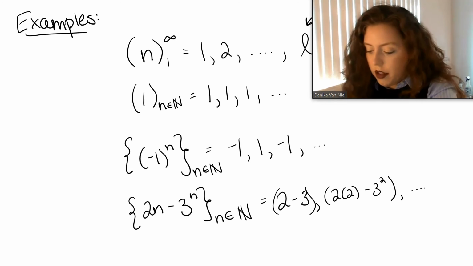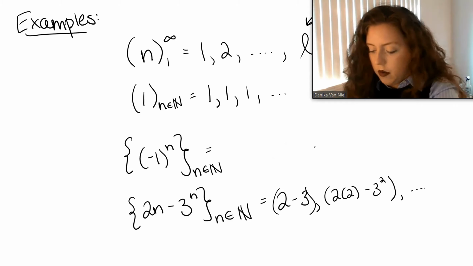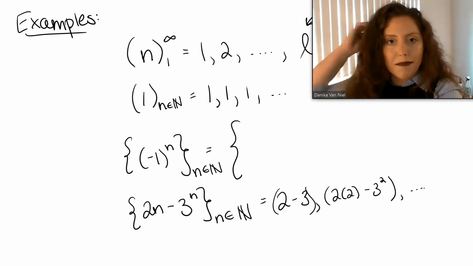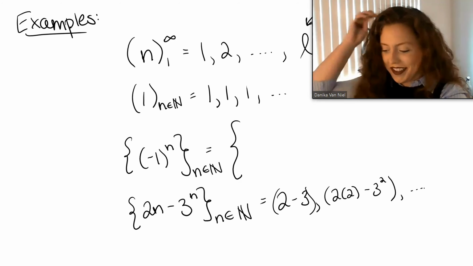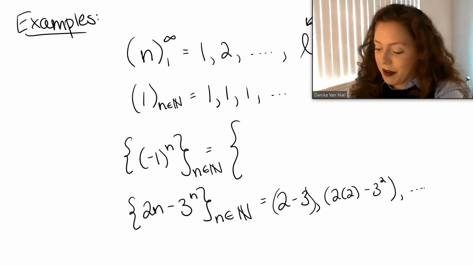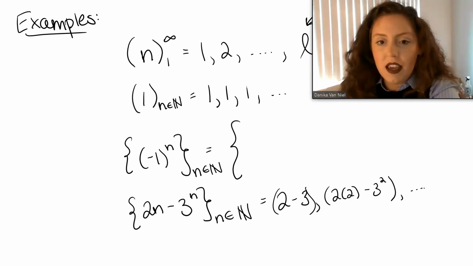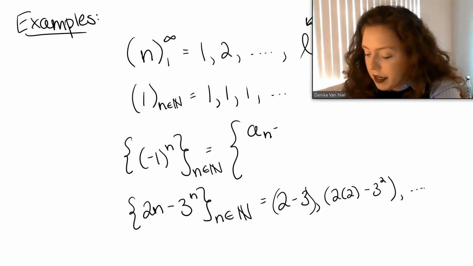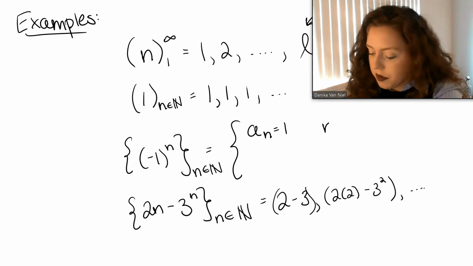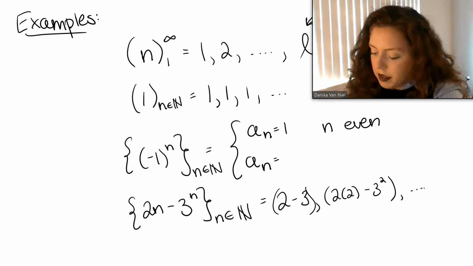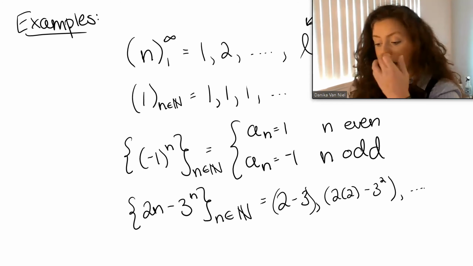Another way that we could write the one above is with a piecewise definition. It's not exactly a piecewise function, but it's a piecewise definition. We could say a sub n equals 1 when n is even, and a sub n equals -1 when n is odd. And so that covers all of the situations that could happen.